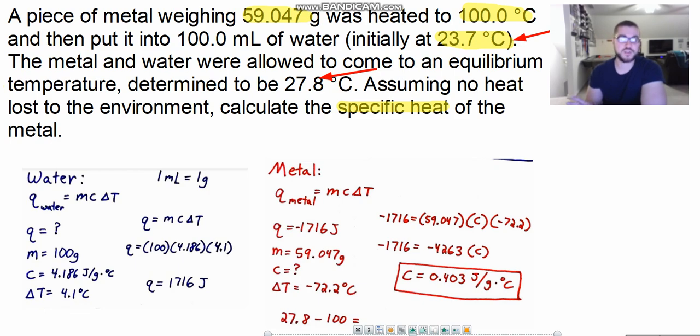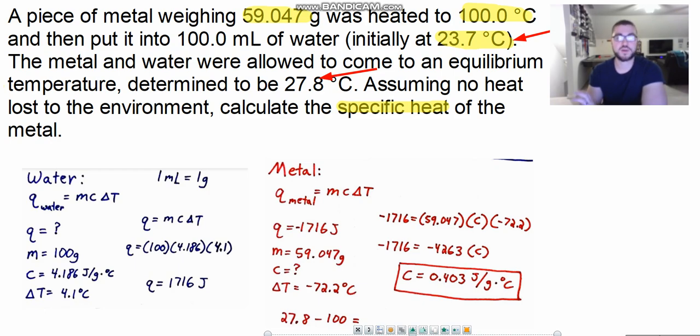And this can be a little bit tricky too for students. This is a negative number. So let's talk a little bit about why in the world this number is negative. If you look at the problem, you have to focus on what temperature the metal was at the beginning and what temperature the metal is at the end. At the beginning of the problem, the metal had a temperature of 100 degrees Celsius. At the end of the problem, the metal's temperature was 27.8 degrees Celsius.